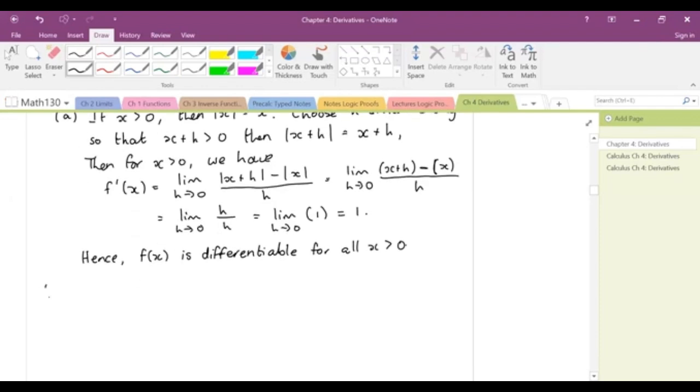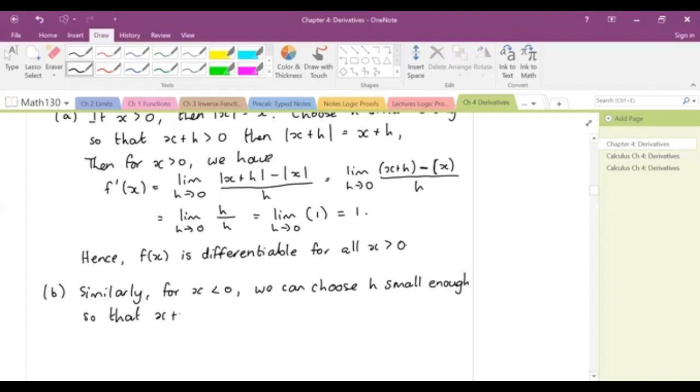Okay, the second case is where x is less than 0. So similarly, for x less than 0, we can choose h small enough so that x plus h is now negative, i.e. mod of x plus h is equal to minus x plus h, because it's negative inside.